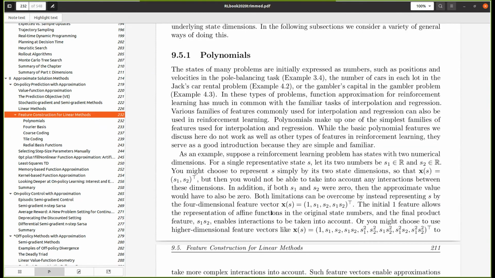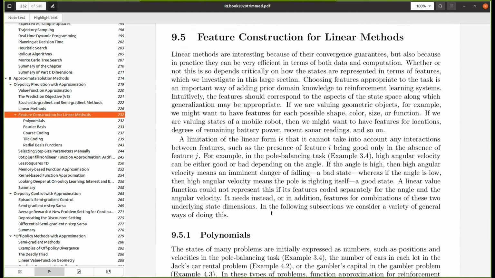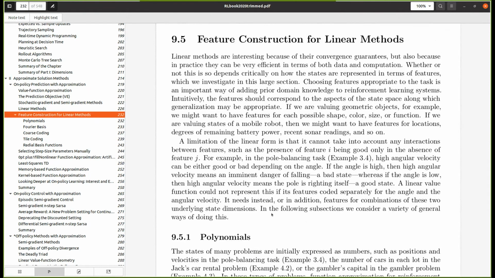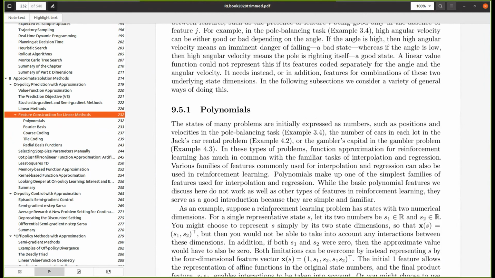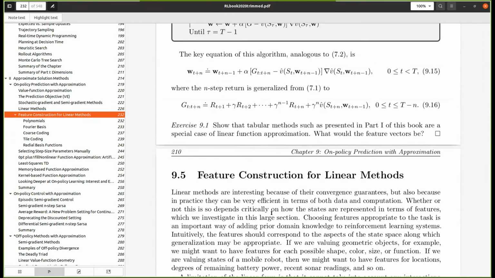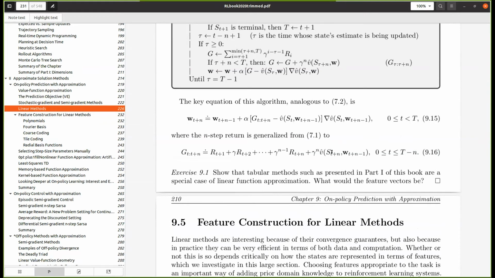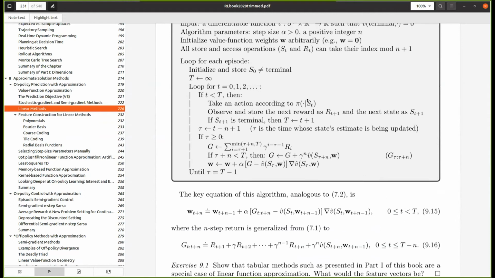Okay, so let's now go into more detail on how you can construct some features. Here, what we have is a state, and to compute this linear function, or any function, we need to process the state in some way to make it compatible with the function we use.